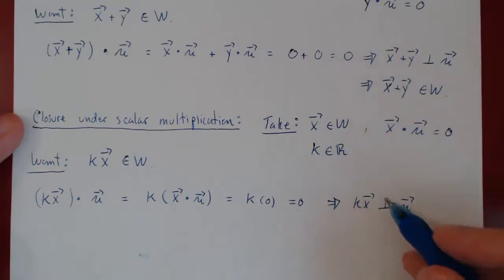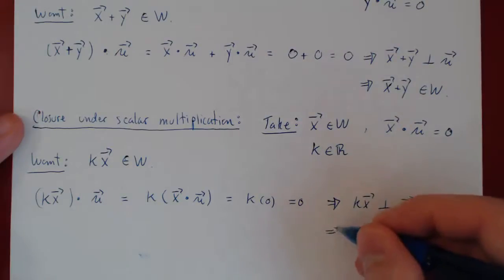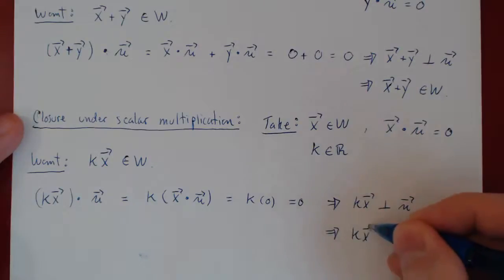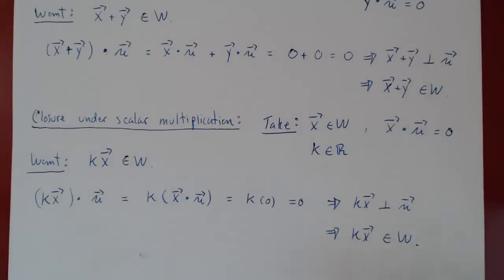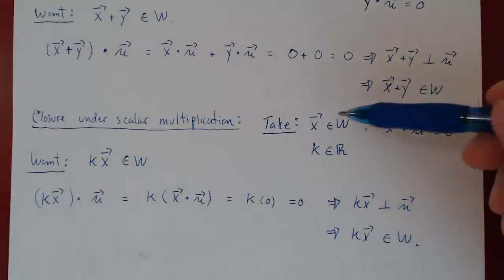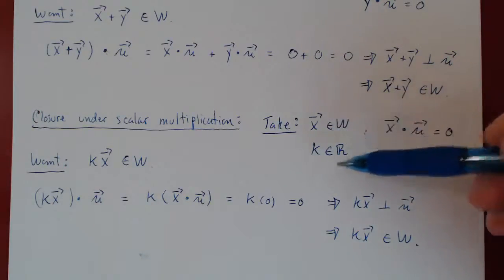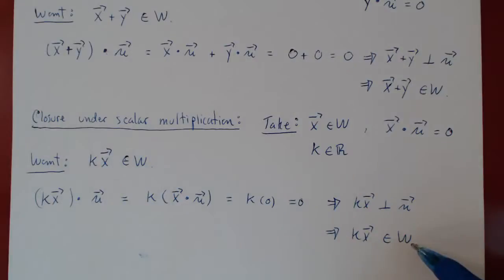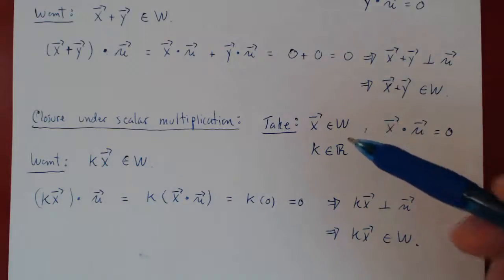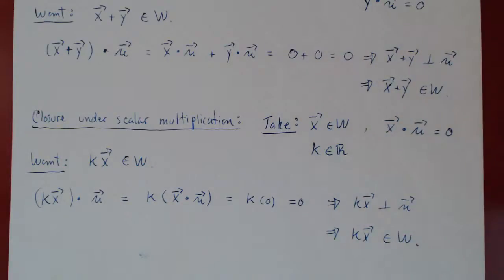Since vector kx is orthogonal to u, the conclusion must be that kx is indeed a vector in W. And we have proved closure under scalar multiplication. We took an arbitrary vector in our space, an arbitrary scalar, and proved that k times x is still a vector in the space. So the space is indeed closed under scalar multiplication.